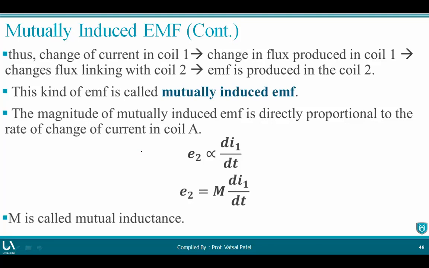So the flux phi1 produced is based on the current I1, right? So E2 is equal to M, the mutual inductance, multiplied by di1 by dt.